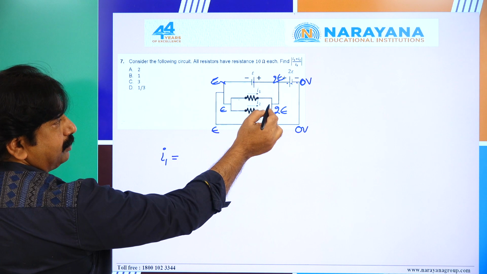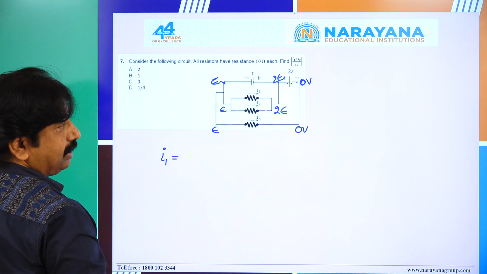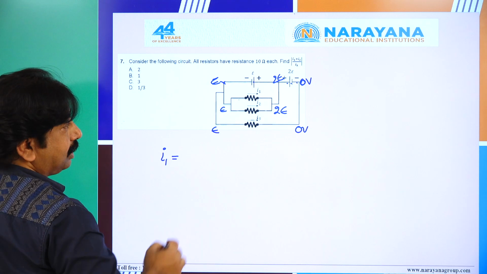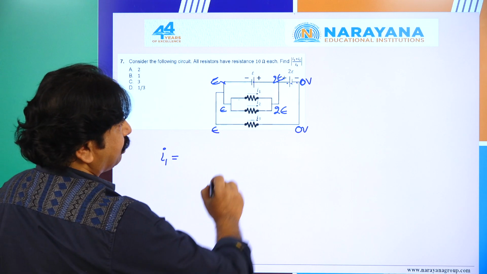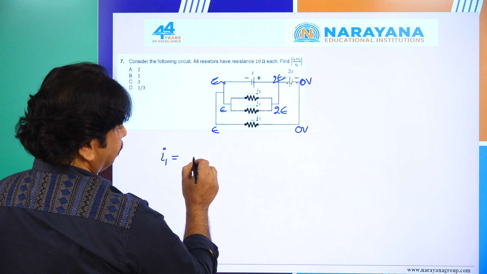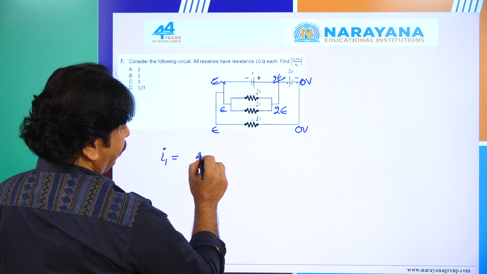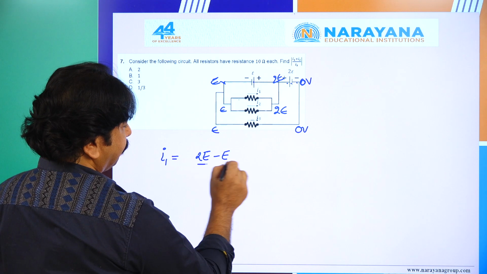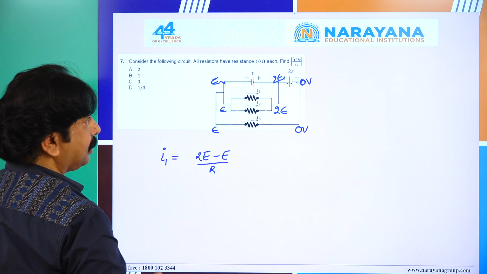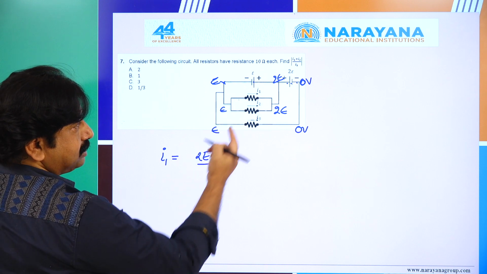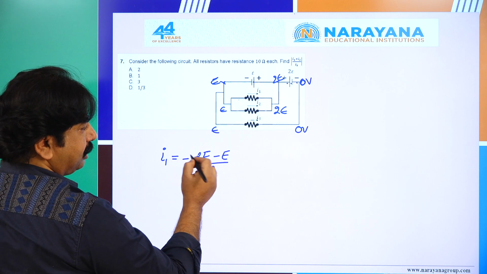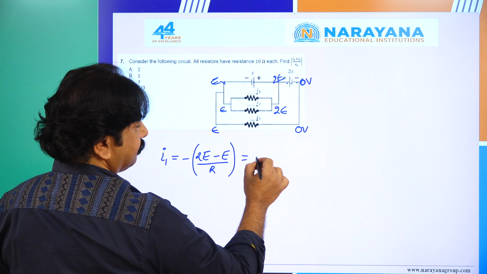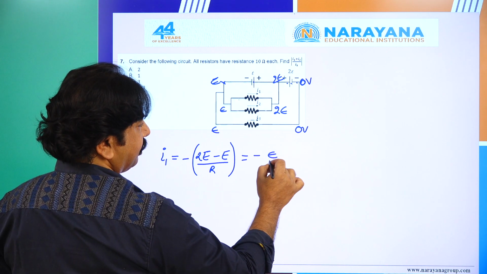That's why the imagination of the currents we are considering here is wrong. So I1 is equal to (2E minus E) by R. But the original one is opposite to the current only, so this is equal to minus of E by R.